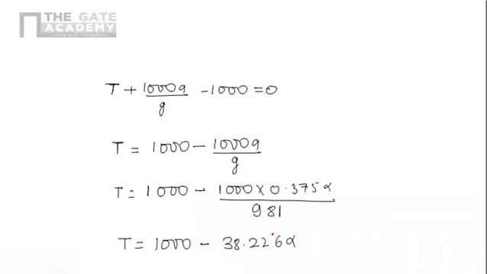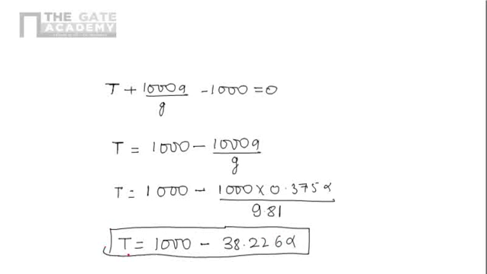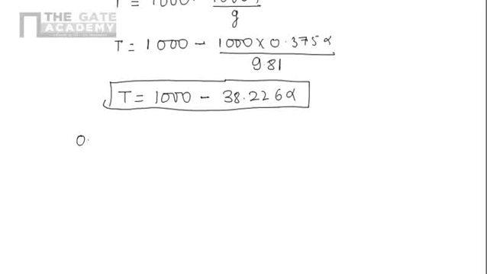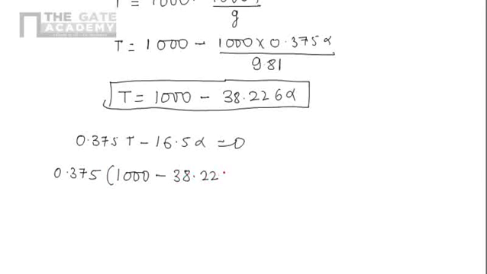Now put this expression of T in equation 2. Equation 2 is 0.375 T minus 16.5 alpha equals 0. Putting T in terms of alpha, we get 0.375 into (1000 minus 38.226 alpha) minus 16.5 alpha equals 0.